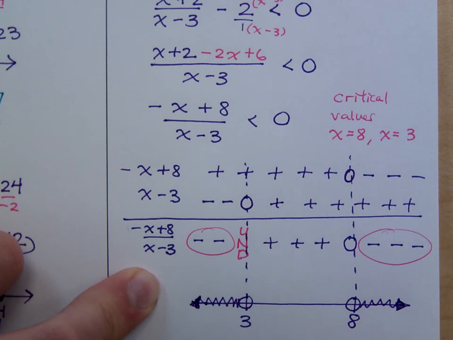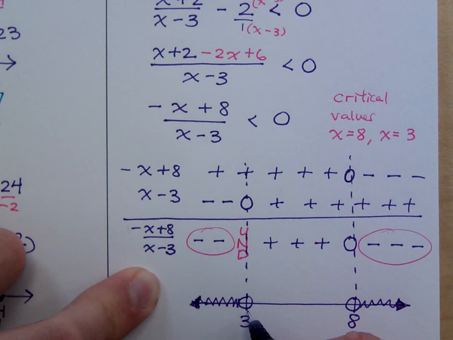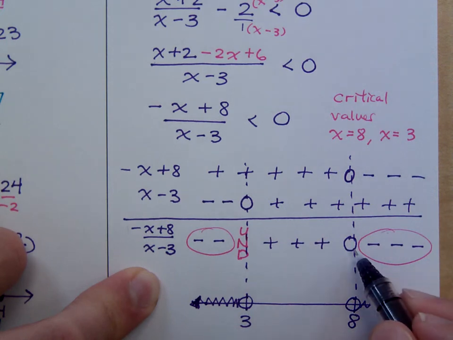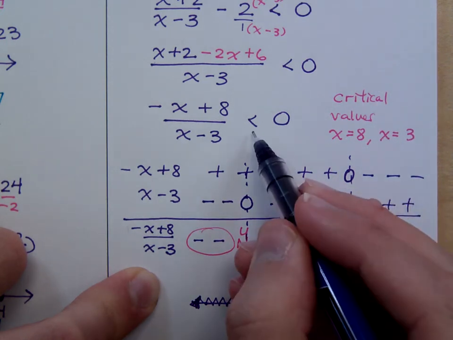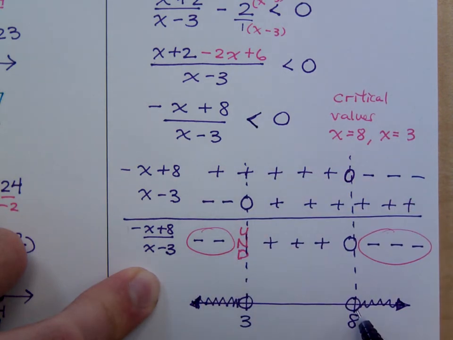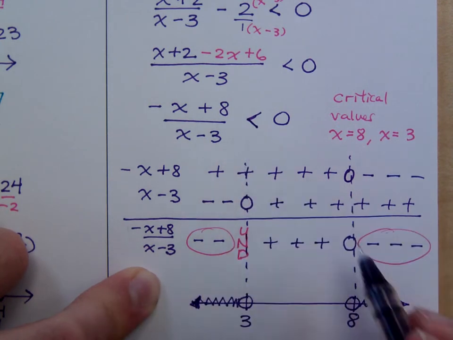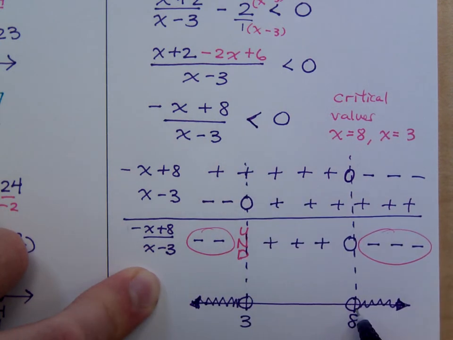Do I get to include 3? Well, since this is undefined, you would never be able to include that. Now this is equal to 0, but this inequality does not give you the option of being equal to 0. It's just less than. So this one must remain open as well. Had this been equal to, the 8 would have been filled in, but the 3 would still have been open because it's undefined.